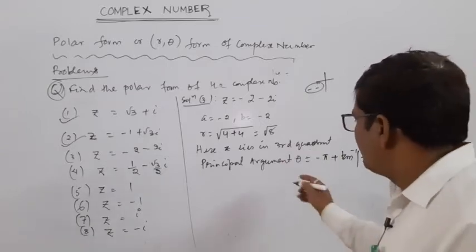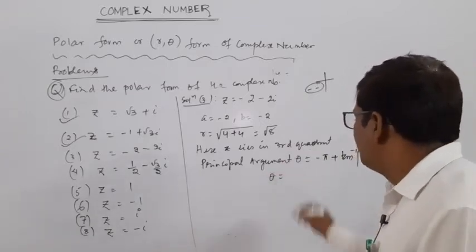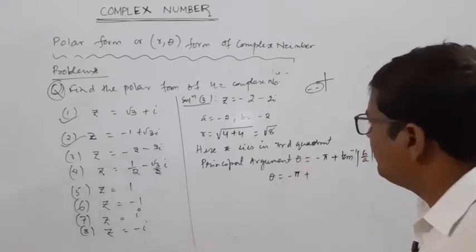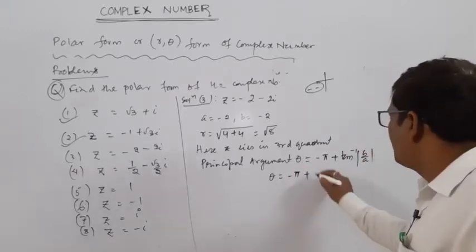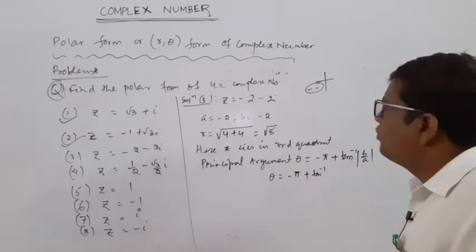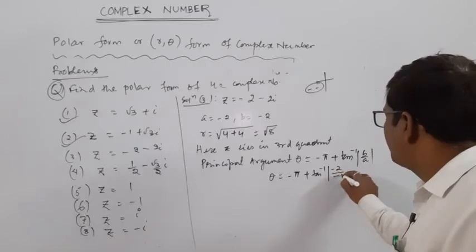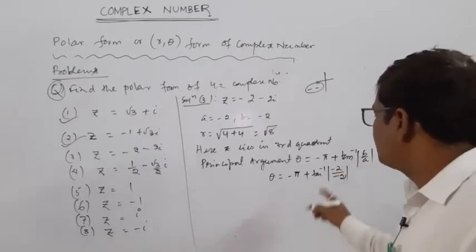So theta is equal to how much? Minus pi plus tan inverse of mod of b by a. What is b by a? Mod of minus 2 by minus 2, so this is plus 1.